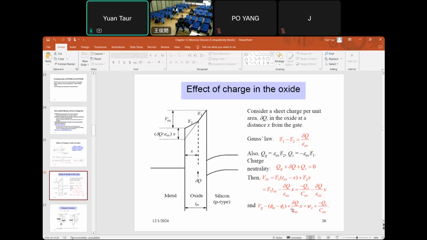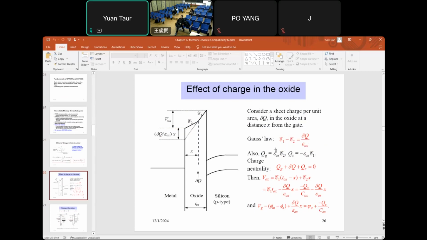But now we have an additional term due to delta Q. We can derive that simply by considering that if you have a delta Q here, then from Gauss law, the field will change from E1 to E2 at this point, and the change is given by the charge, delta Q, at this position.